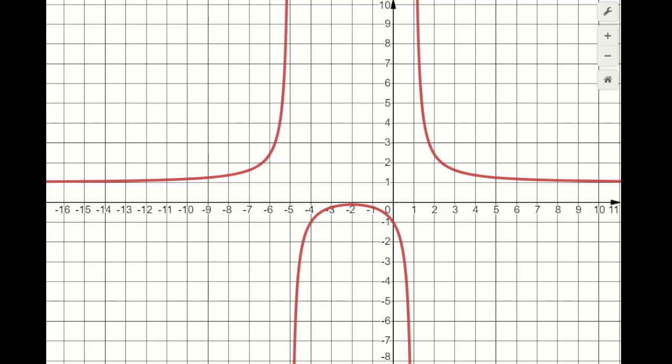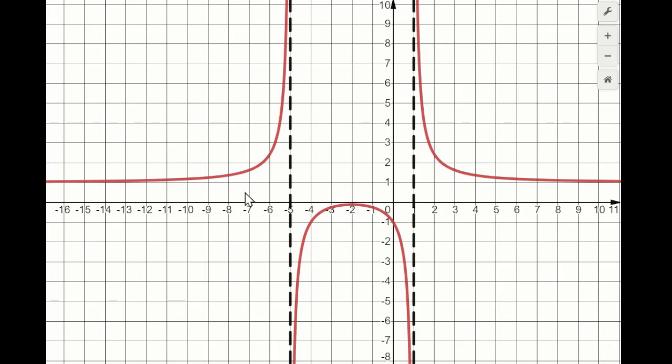In our learning experience up to this point, we can quickly realize that there's one asymptote at x equals 1, and the other one is at x equals negative 5.